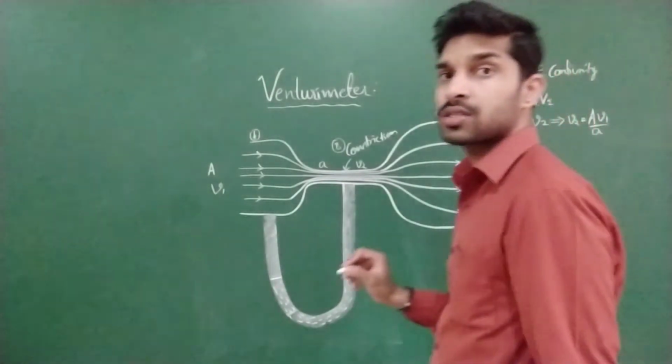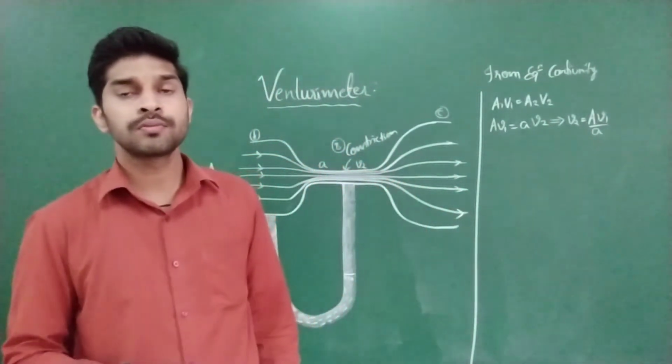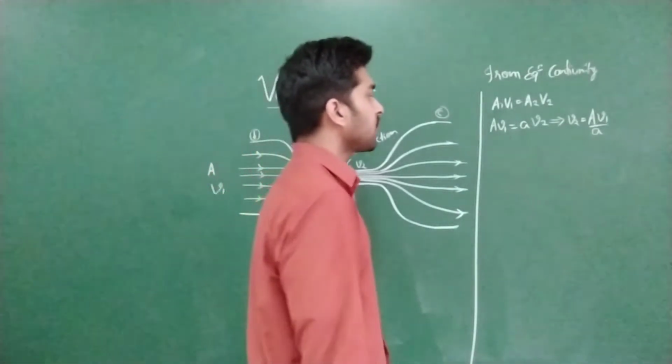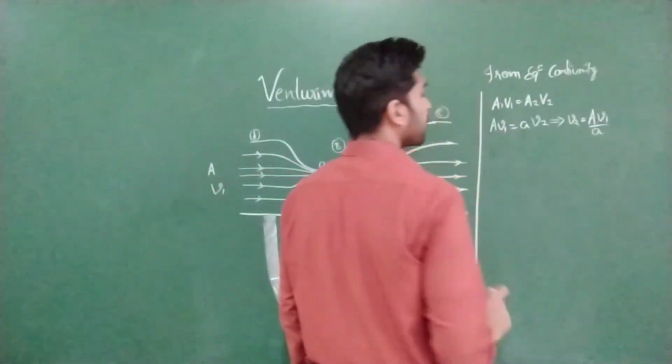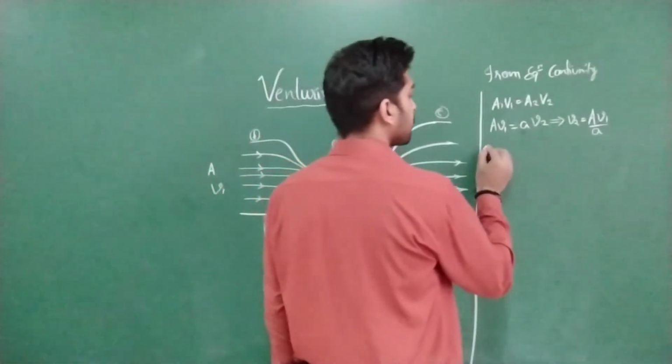Next, from Bernoulli's principle, we have a set of equations, correct? In those equations, we are going to choose equation number A, which we had used in our last class, which we had derived. So what was that?